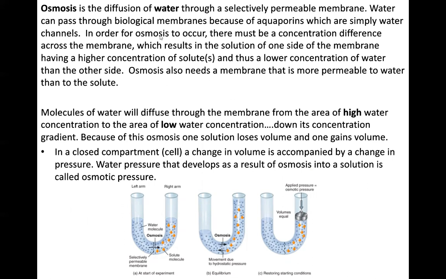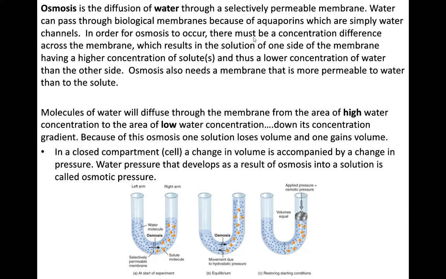Osmosis is diffusion specifically of water through a selectively permeable membrane, or in other words, through the plasma membrane. This is possible by way of what we call aquaporins, a fancy term for our water channels, the channels that move water through the bilayer from one side to the other.